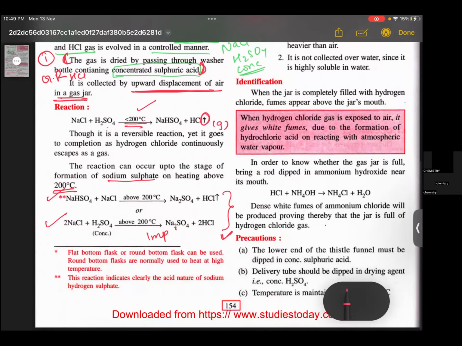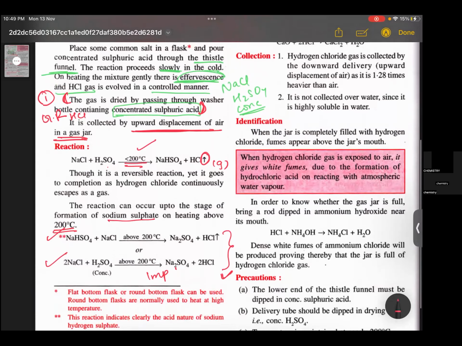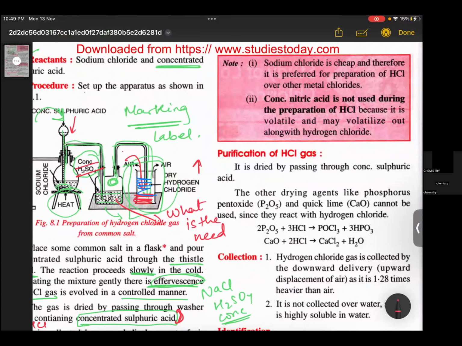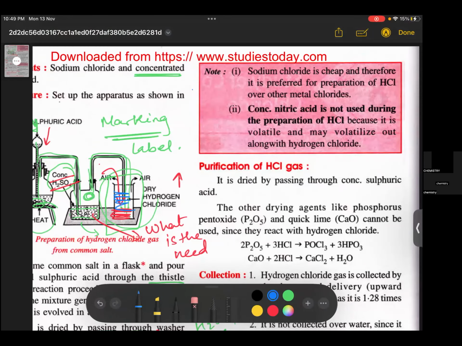Now, why do we use these particular reactants? This is another important give reason. Why are these reactants preferred? You can say sodium chloride is preferred as it is cheap, and therefore it is preferred for preparation over other metal chlorides.